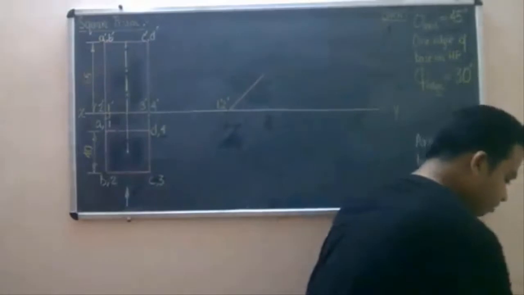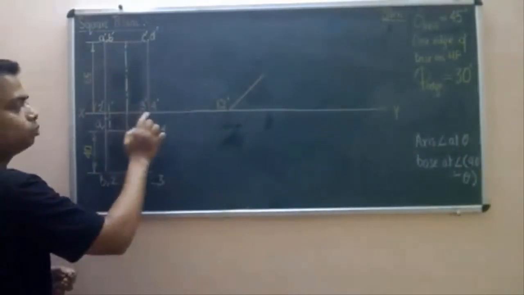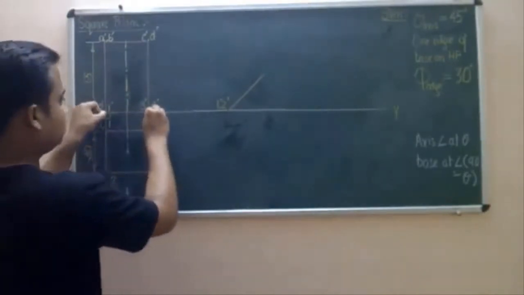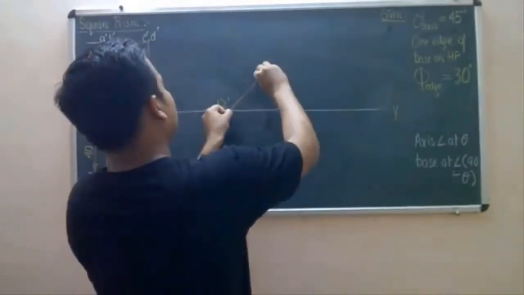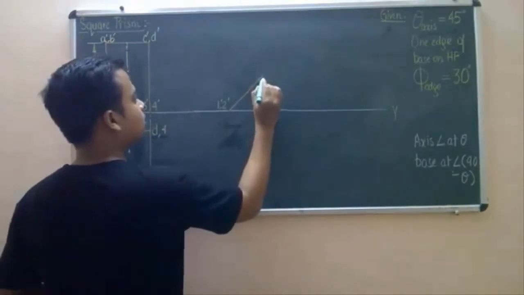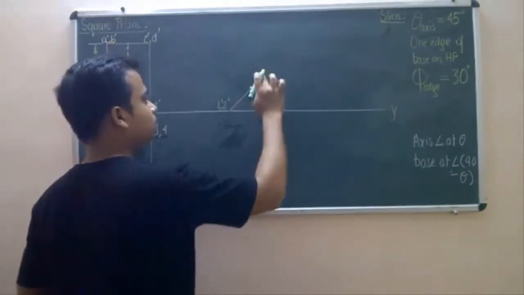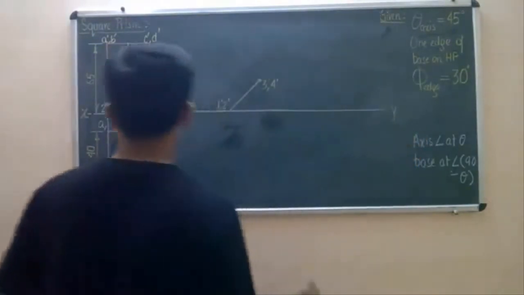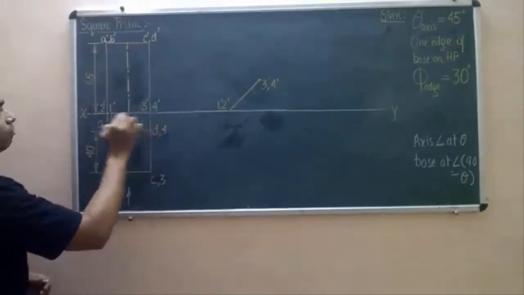What we need to do next is, this is 1 dash 2 dash. This point over here lies at a certain distance, which is exactly equal to 40 mm. We're going to cut an arc. And now we have the position of 3 dash, comma 4 dash, right? At the same time, if you see this, these two lines are exactly at an angle of 90 degrees.